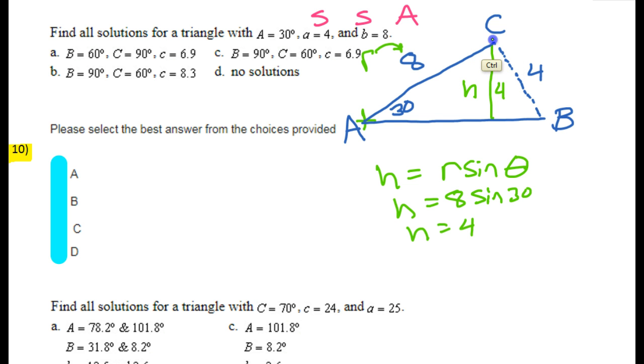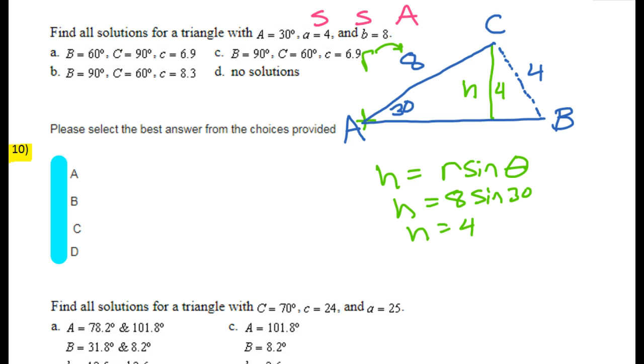But normally we sit here and ask ourselves, is the rope long enough to reach? We have to make sure that the rope is longer than the height so it can reach the ground. But this is a special case. Notice that the height of the triangle and the rope are exactly the same.